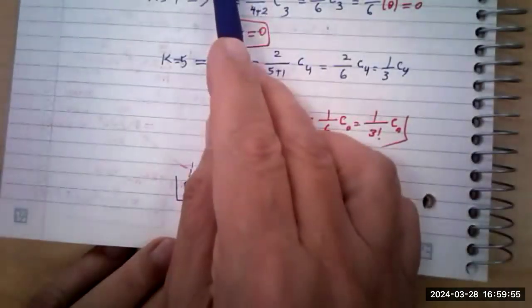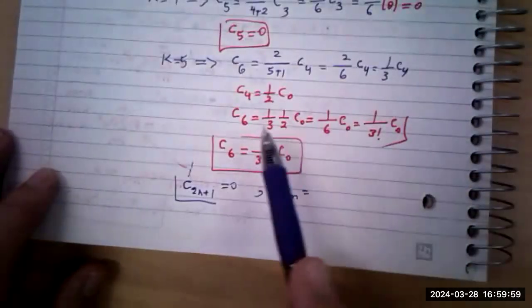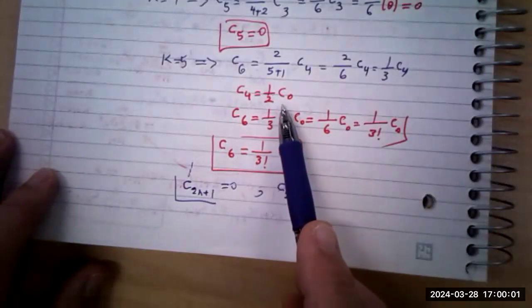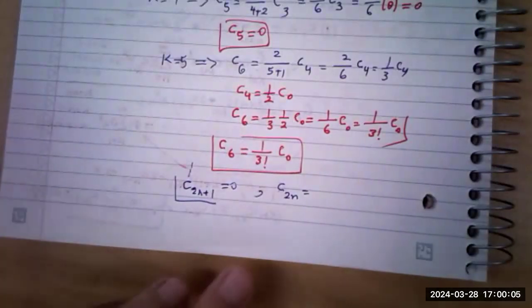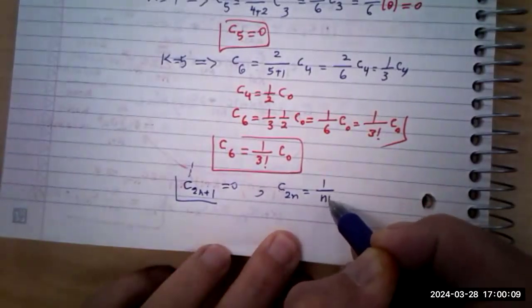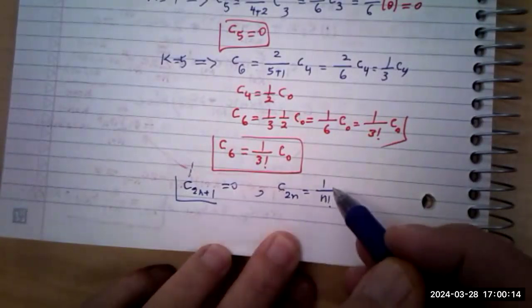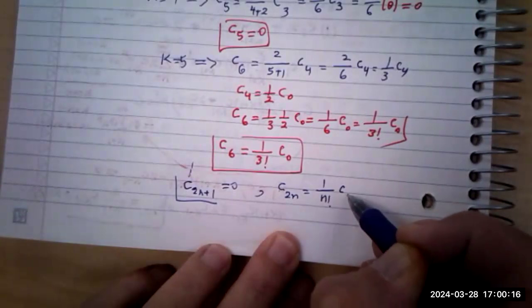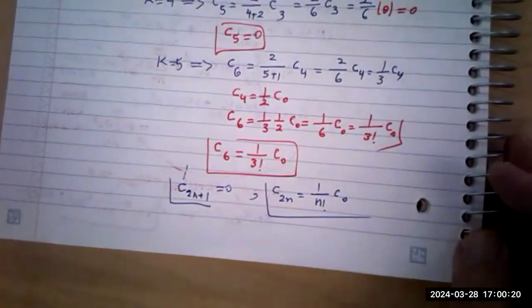What is C4? C4 is 1/2 of C0, which is 2 factorial. So this means C2n is going to be 1 over n factorial times C0. Of course, this is easy and nice.